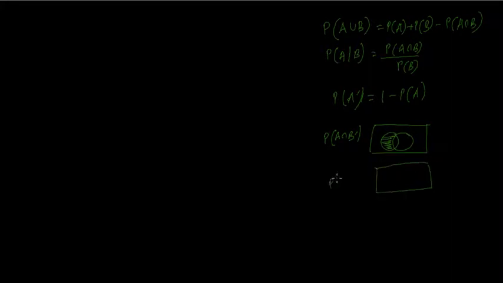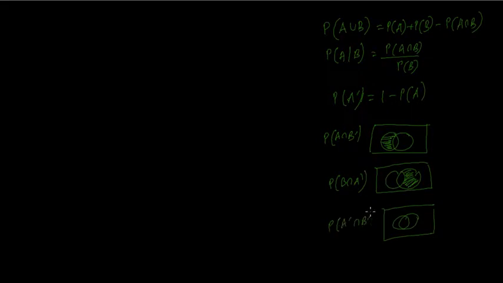This portion is what you're looking for, and that can be found using basic area. For probability of B intersection A prime, that means removing A from B. And for finding A prime intersection B prime, you have to find this region. So that's all you need.